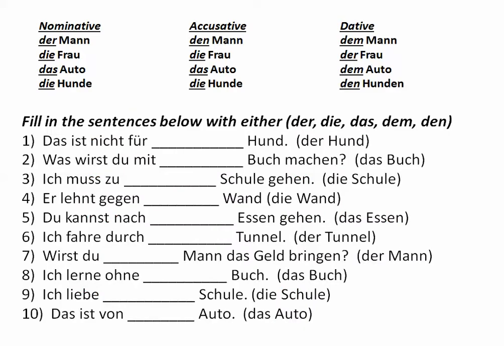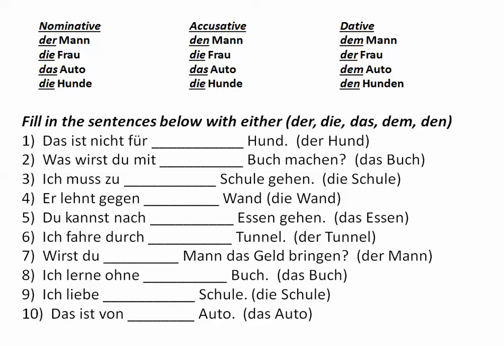Okay, so now we're going to do a little work here in the German. I have here the chart for the definite articles so that you can see how they change from the nominative to the accusative to the dative. Let's review those. For subjects or nominative case, der Mann, die Frau, das Auto, die Hunde. In the accusative, der changes to den, die and das stay the same.